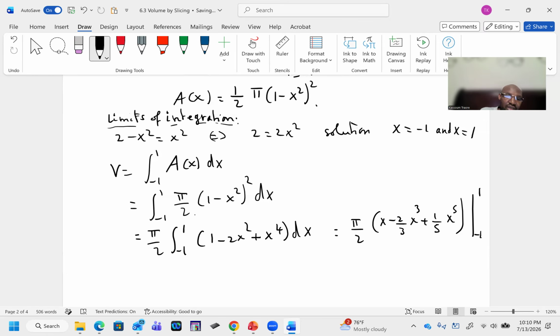And then by calculating this one, you will see the volume V would be 8 pi divided by 15. I hope you understand. Let's move to the next one.